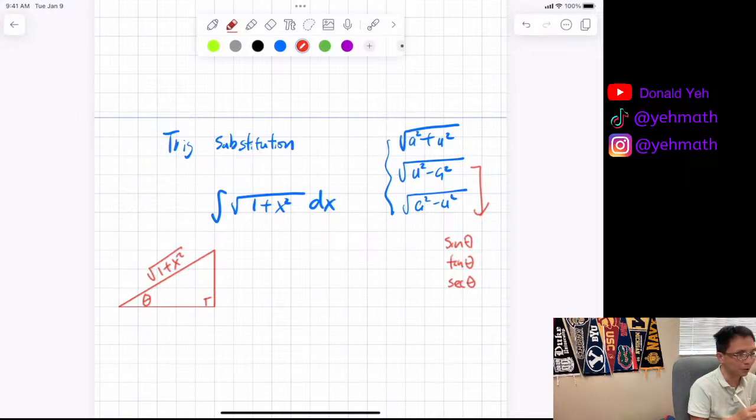Also make sure the constant is on the bottom. If the constant is on the bottom, which trig function would I be thinking about?